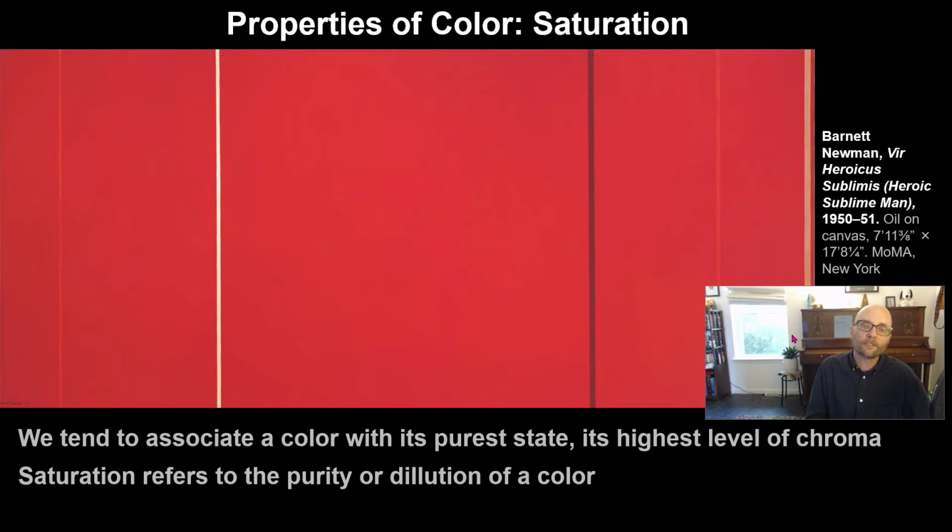It refers to the purity or dilution of a color. So a color that is really pure is saturated. This painting by Barnett Newman is a very saturated red. This is stop sign red, isn't it? That's pure saturated red.